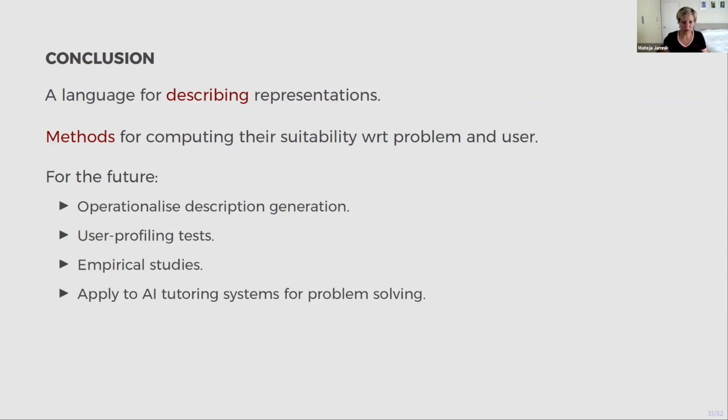But most importantly, the next step is to apply this to AI tutoring systems for problem solving, so that the tutoring system will adapt to the student, or will adapt to what concept the teacher is trying to convey.